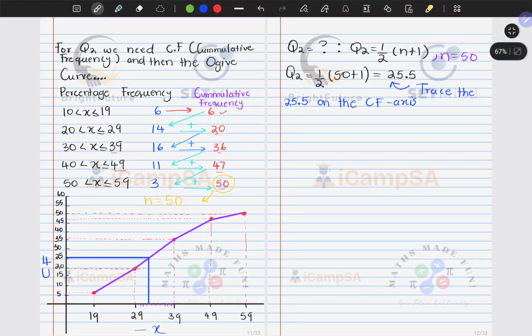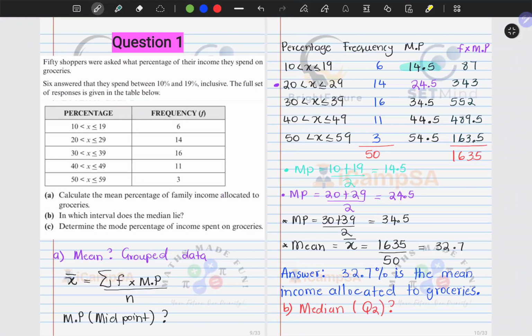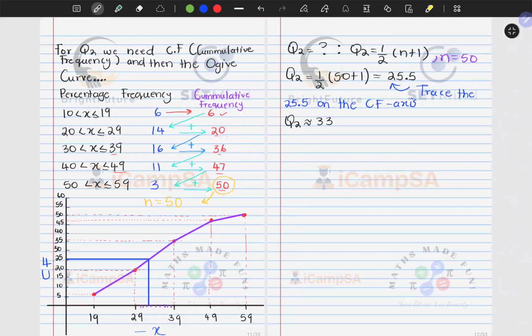So according to my scale, I can say that Q2 is approximately, let's say, 33. Okay. That is what is happening. So our median is approximately 33, or one can say 32. It's very close to 32. So maybe let's take 32.